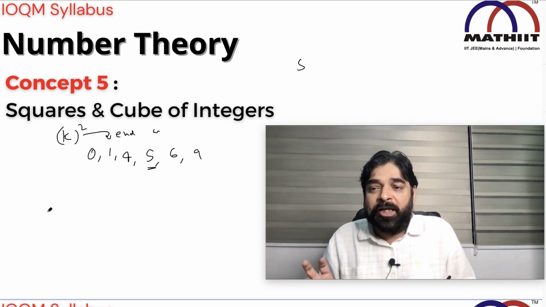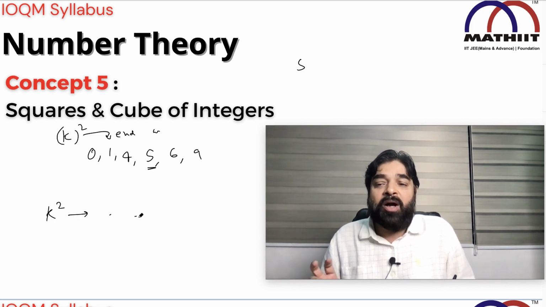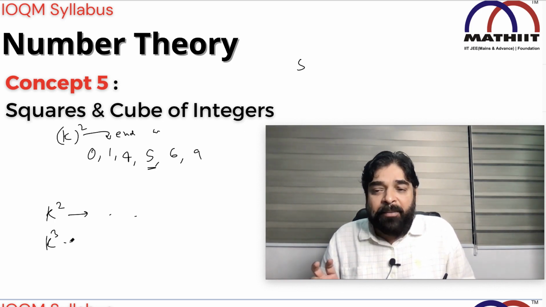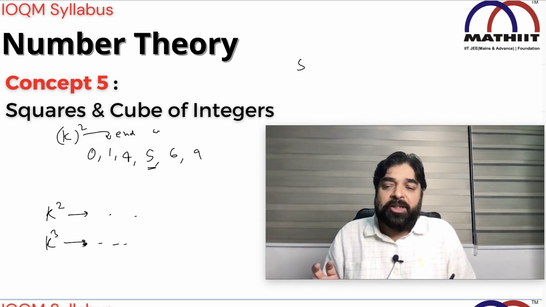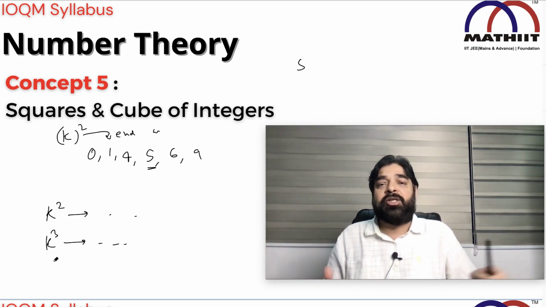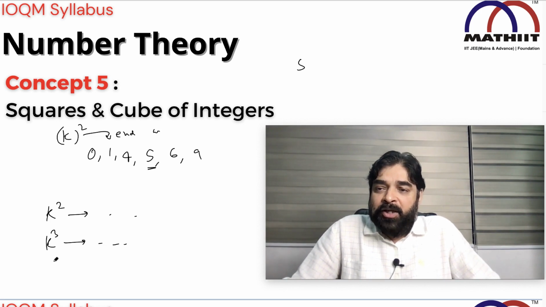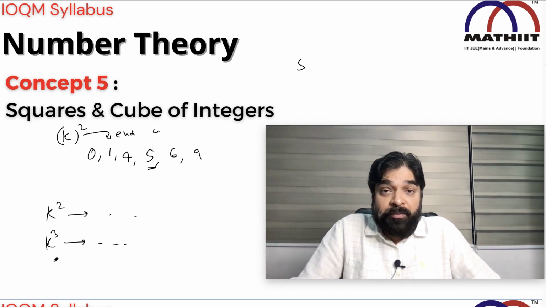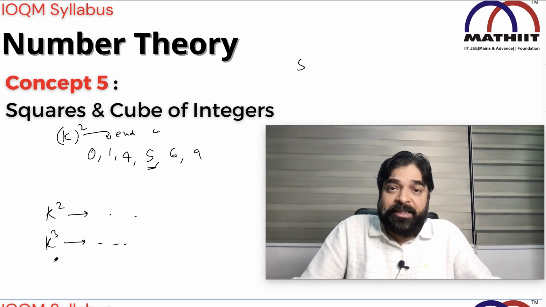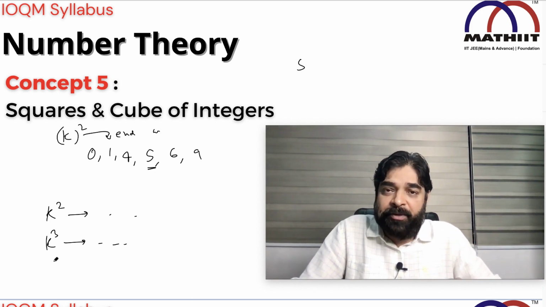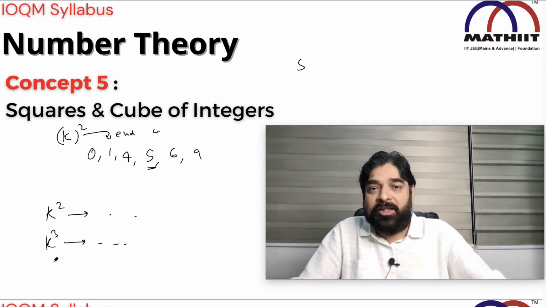So you have to study that if we square any number, what will it end with? If we cube any number, what will it end with? These two are very common things which are asked. So for a perfect square and perfect cube of a number, what digit does it end with? That's what you have to study in this chapter.